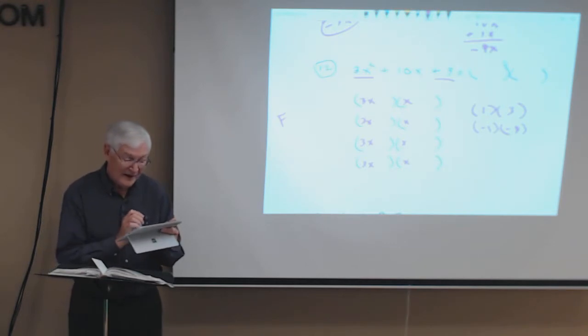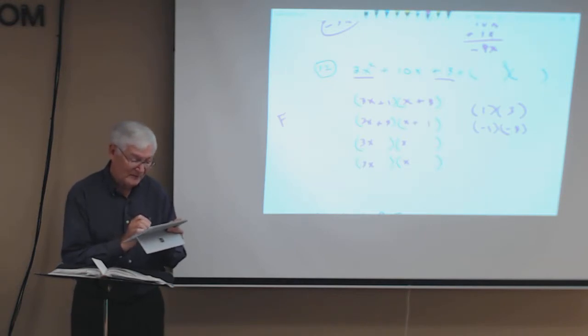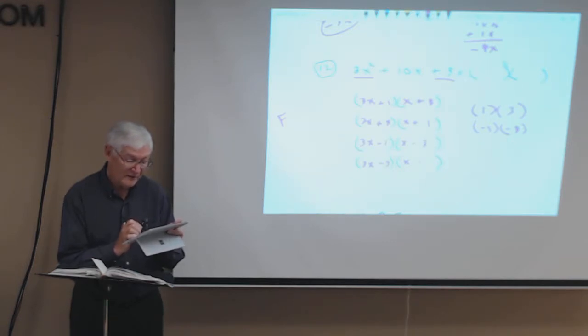So I can either put plus 1 and plus 3, or I can put plus 3 and plus 1. Or I can put minus 1 and minus 3, or I can put minus 3 and plus 1.